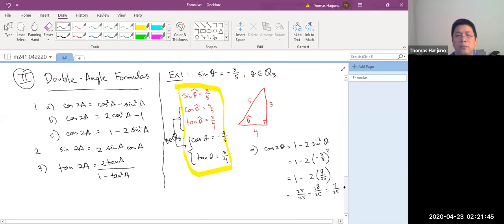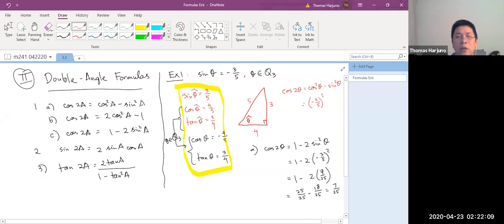But if you say, you know what, Thomas, can I use 1A? Yes, you can. If you want to use 1A, cosine 2 theta equals cosine squared theta minus sine squared theta, then that's fine. The problem is you need to make sure that your cosine theta is correct.